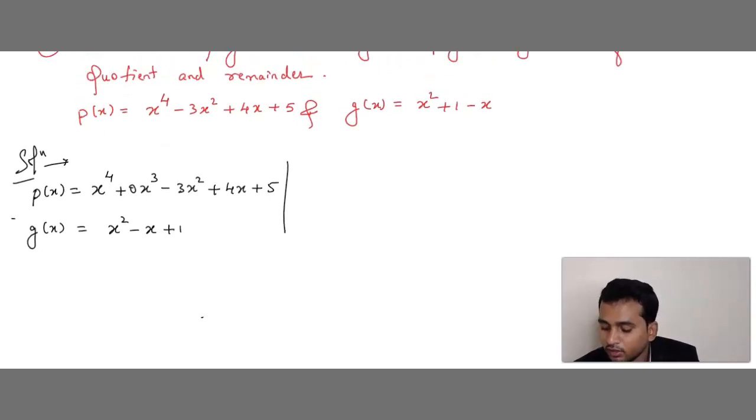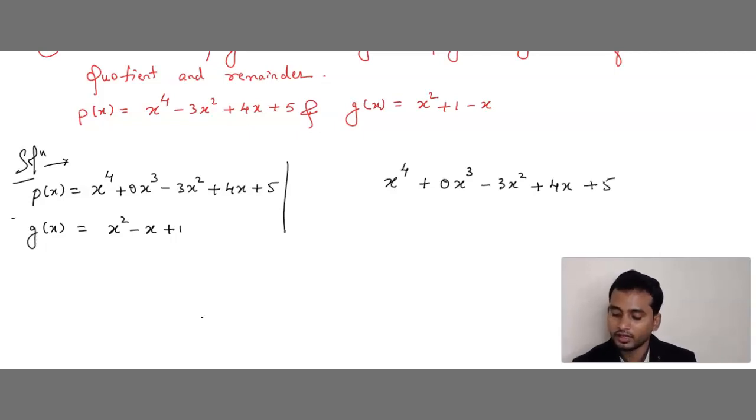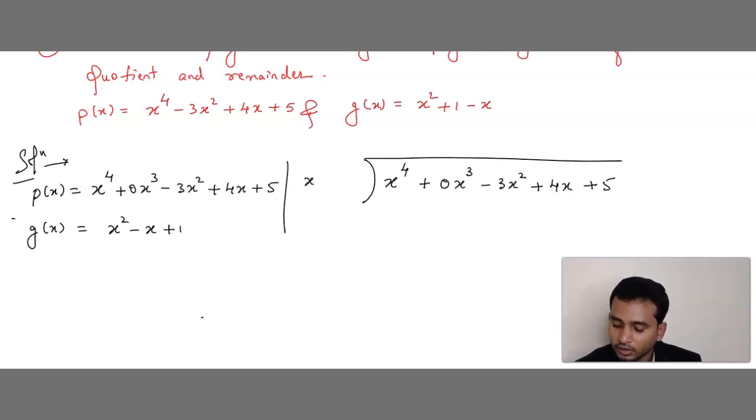That is x to the power 4 plus 0x cube minus 3x square plus 4x plus 5. This polynomial we divide with x square minus x plus 1.